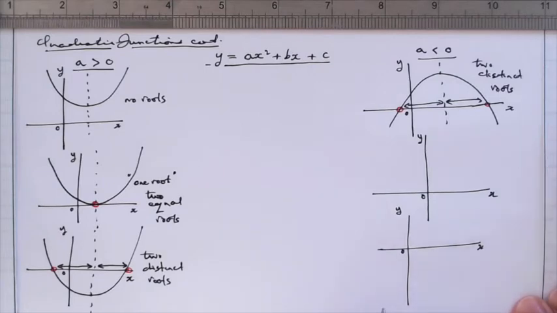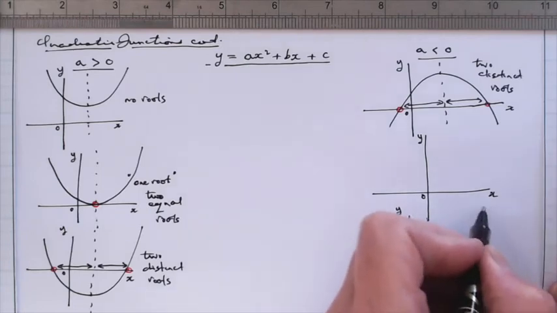It might be that it looks like this. It has a nice symmetry, but it doesn't pass through the x-axis. Here we would say there are no roots. And then the intermediate case, which I wish I'd drawn this axis a bit higher up, but never mind.